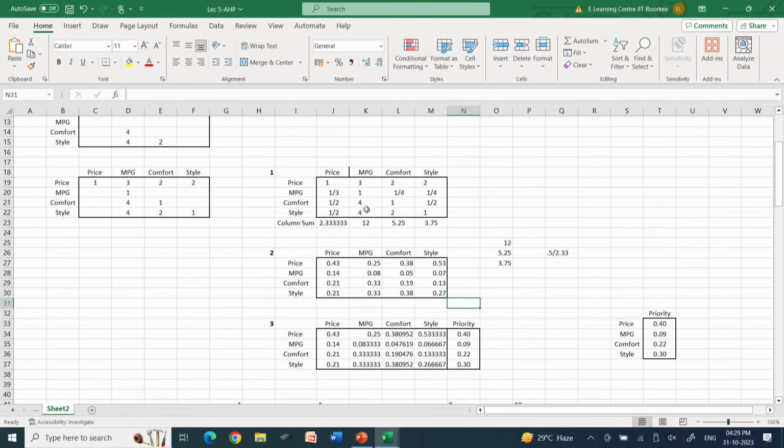Similarly, for the second column, 3 upon 12, 3 upon 12 is 1 by 4, it is 0.25. So, 1 upon 12 is 0.08, 4 upon 12 is 1 by 3, so it is 0.33. So, each element has to be divided by its column sum, that is step 2.